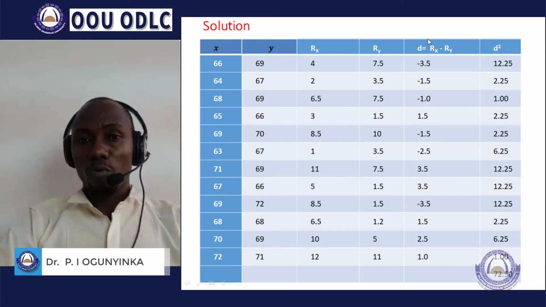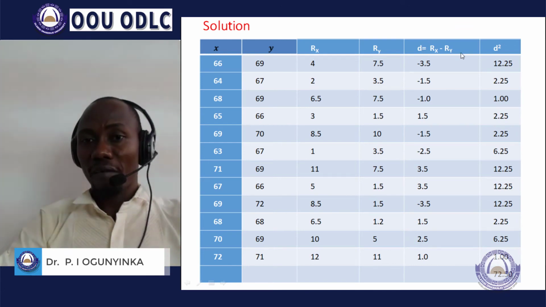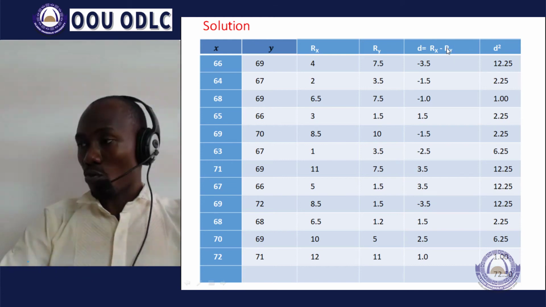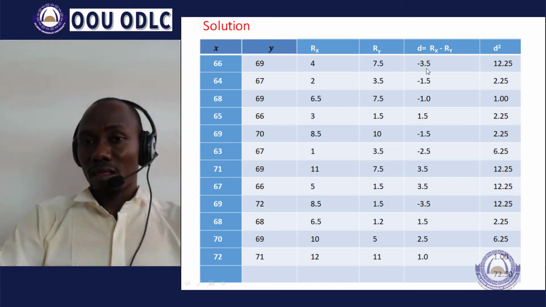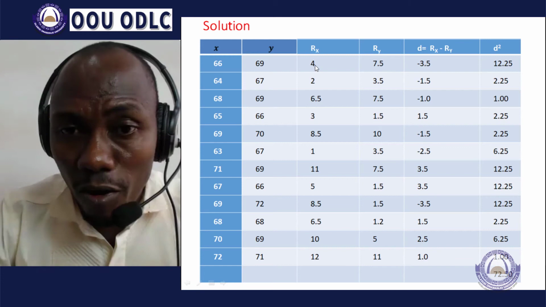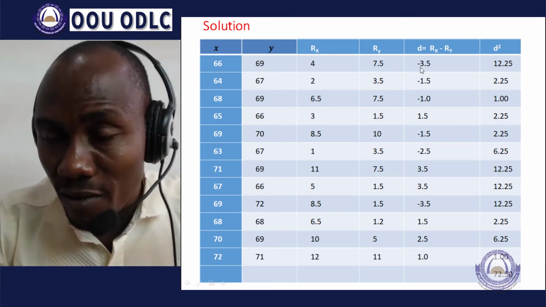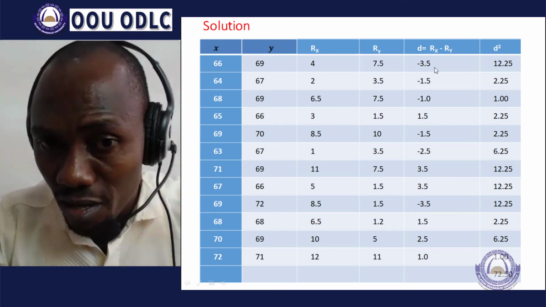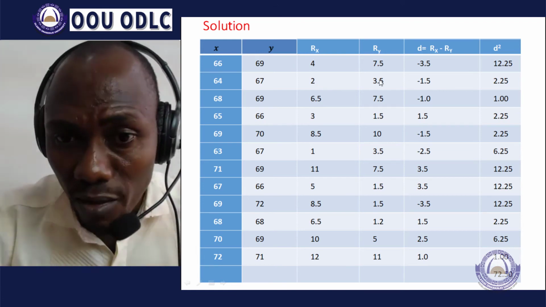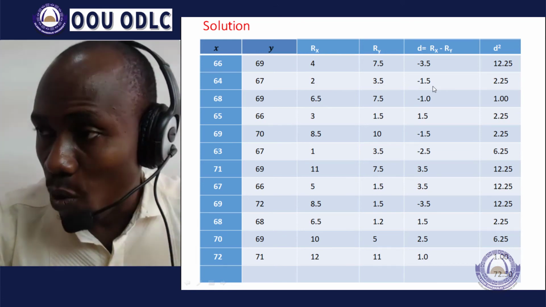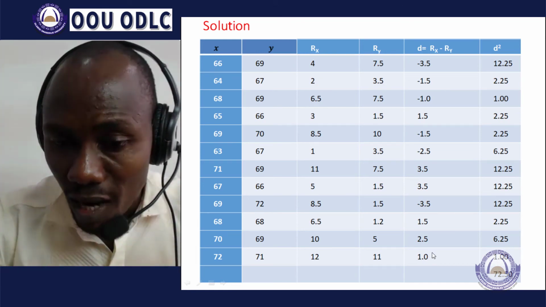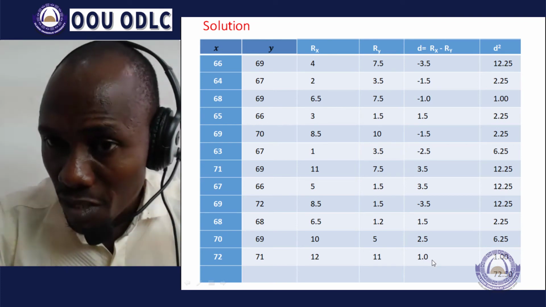The next column, which is the 5th column here, gives the difference between the rank of X and the rank of Y. This gives 4 minus 7.5, which is minus 3.5. Here we have 2 minus 3.5, which gives minus 1.5, up to the last observation.